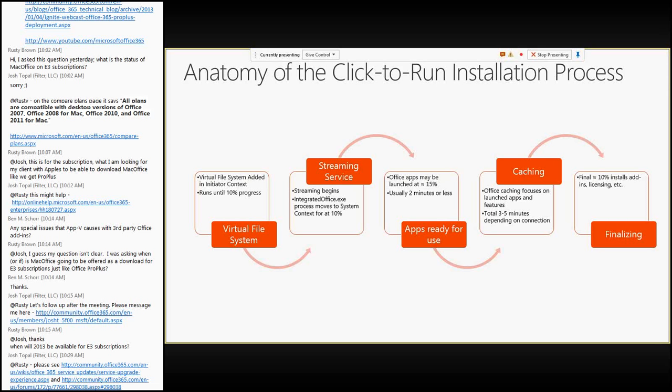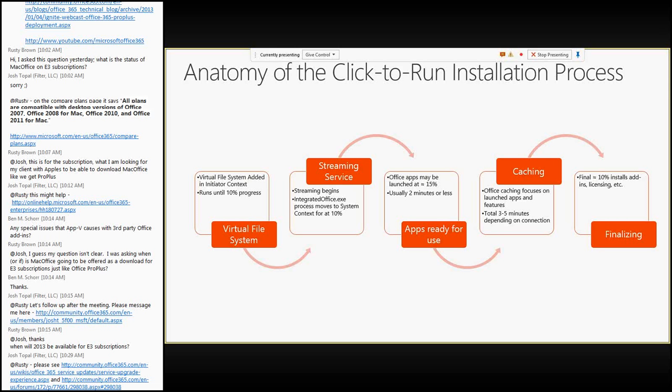One important note here as part of deployment automation that you have to be aware of is that the streaming service after 10%, which is called integratedoffice.exe, as a process moves to the system context. What does this mean? It means that the initiator of the process is not going to be the one that carries out the entire streaming of Office. That means that the system context of that computer that you're deploying to needs to be able to reach source for Office.